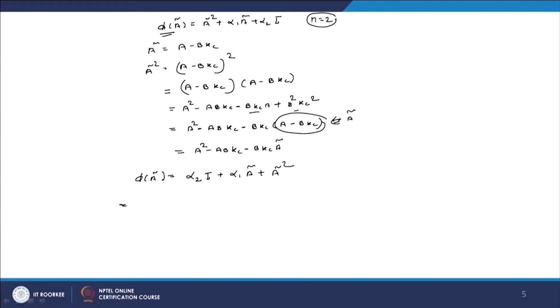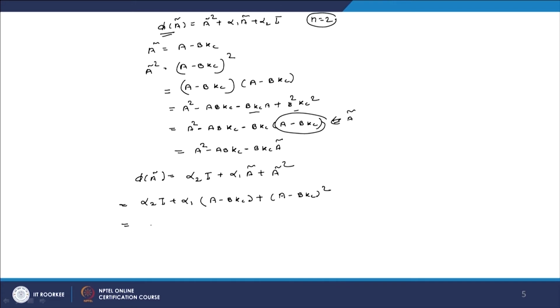So we can write this as alpha 2 into I plus alpha 1, what is A bar? A bar is A minus B Kc, where Kc is the controller, plus A minus B Kc whole square.